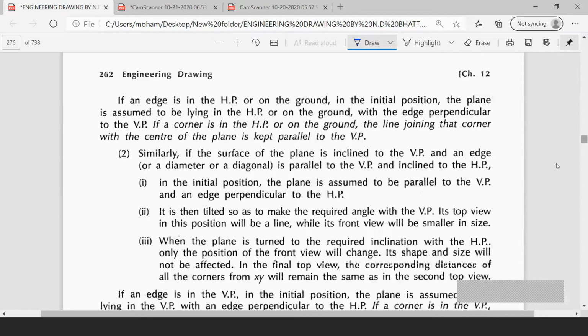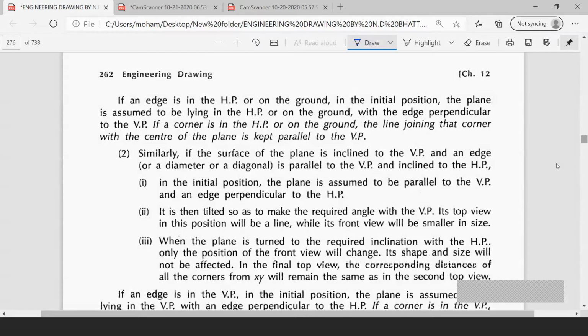Now always remember the first inclination will be the surface inclination. This surface is inclined now. After that the second inclination will be either a side or a diagonal. I am saying that this diagonal is inclined, or this resting side AB is inclined. This one will be the second inclination.